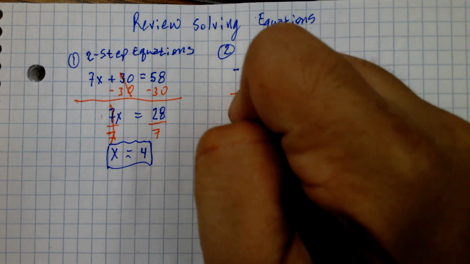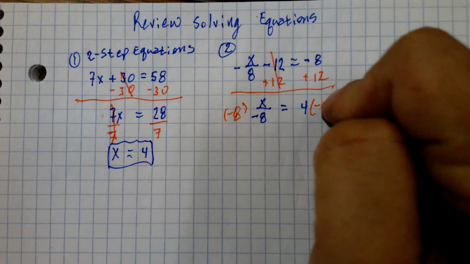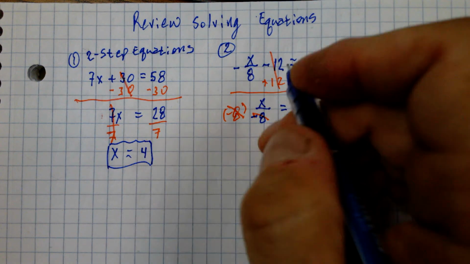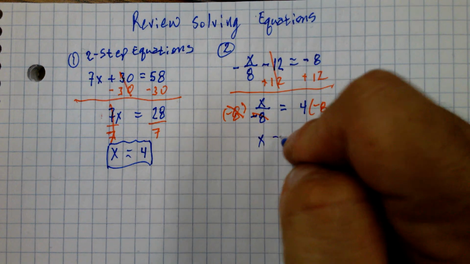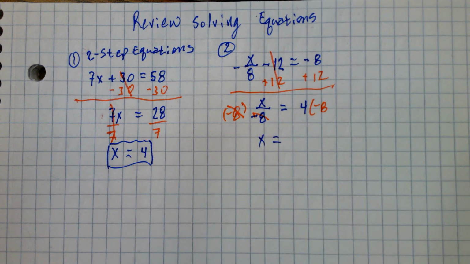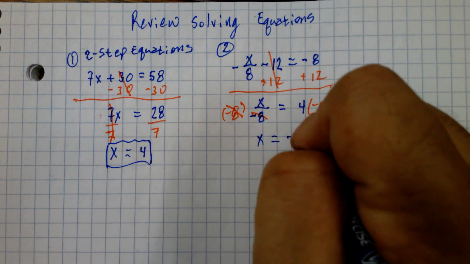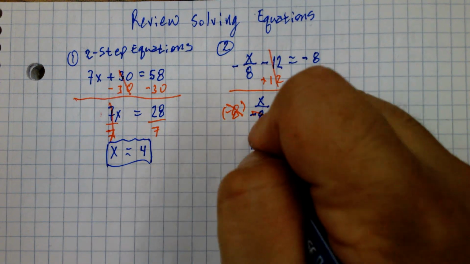Since it's dividing, we'll multiply. And these will cancel. They're technically makes positive 1. And so that's x equals 4 times negative 8, negative 32. So there's our answer here.